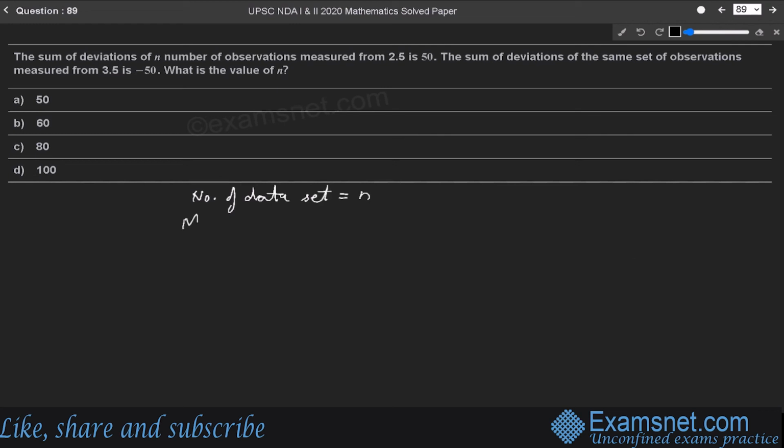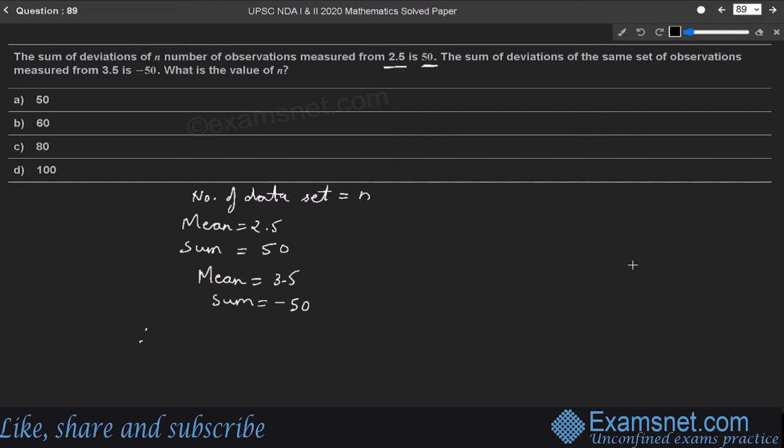Now when mean is 2.5, then sum of deviations is 50. You can see that when mean is 2.5, the sum of deviations is 50. And when mean is 3.5, the sum of deviations is minus 50.